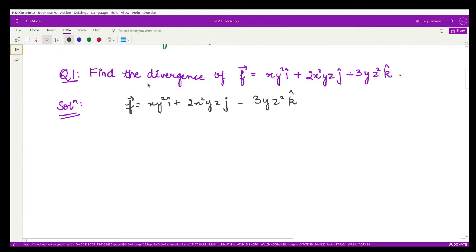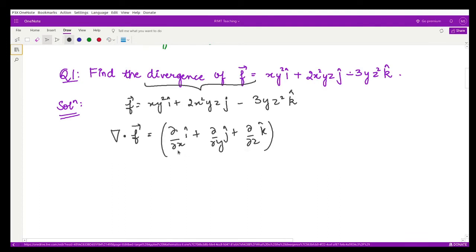We have to determine the divergence of this vector f. So that would be del dot f, where del is del by del x i cap plus del by del y j cap plus del by del z k cap.